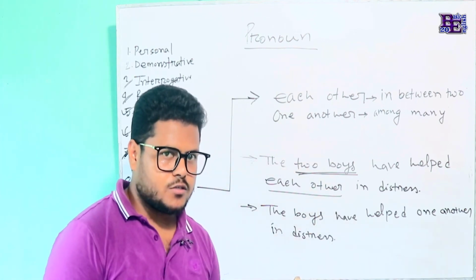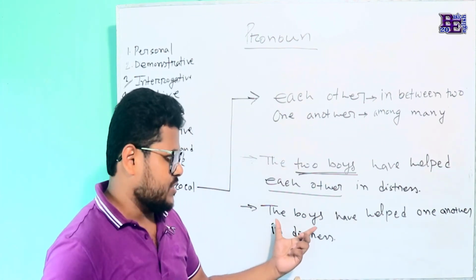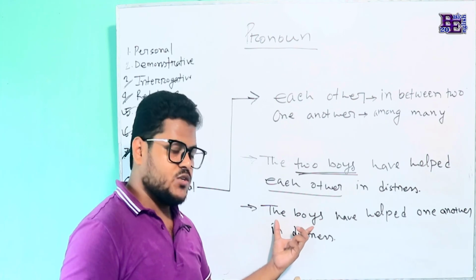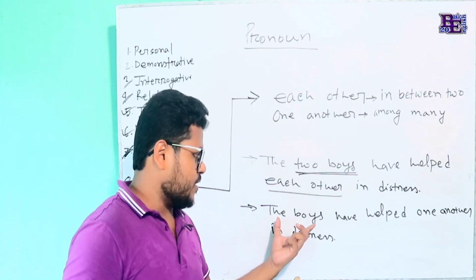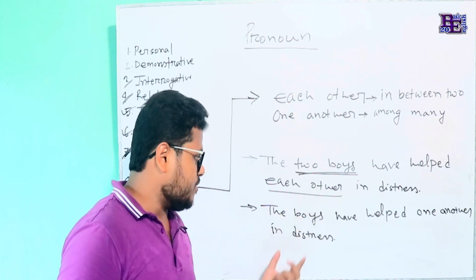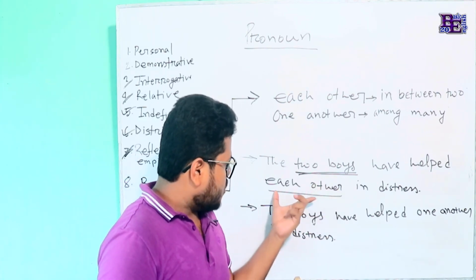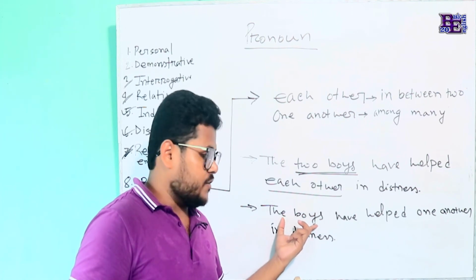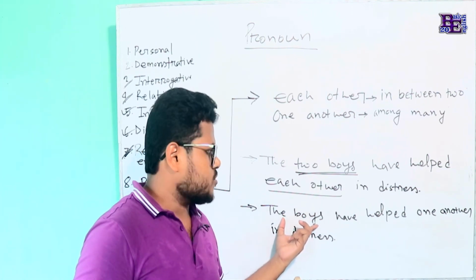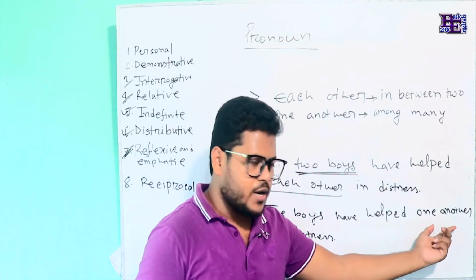That is, you're not sure how many boys there are, but you're sure that there are not only two boys. If there were two boys here, then you could use each other. As you are not sure of the number, and especially as there are more than two, that's why we have used one another.